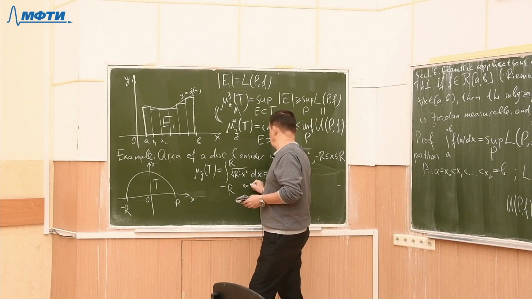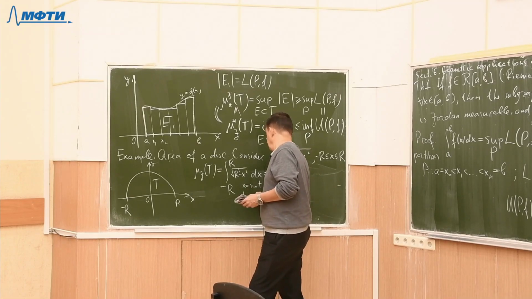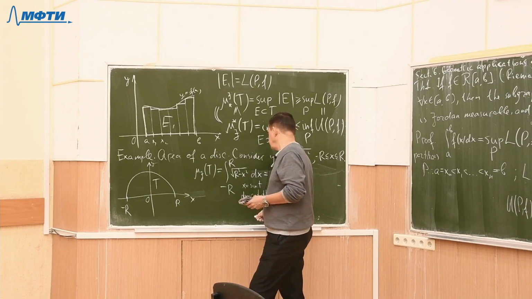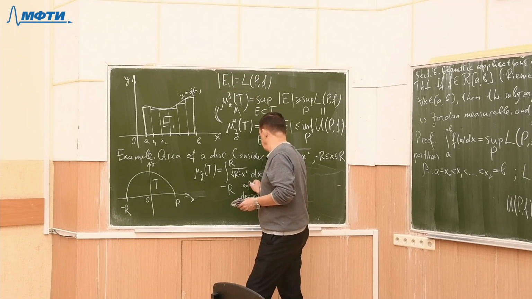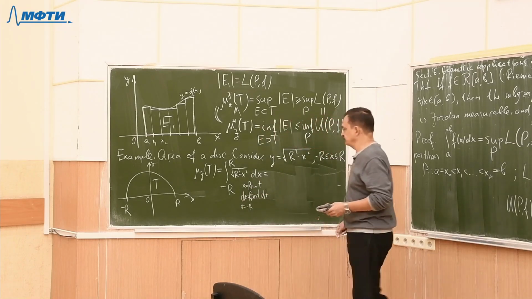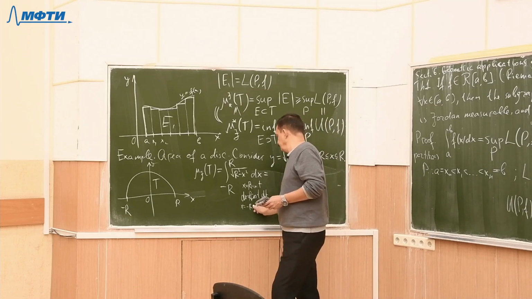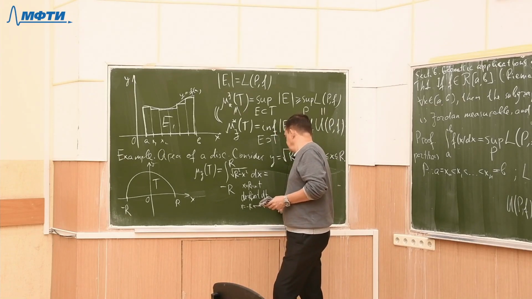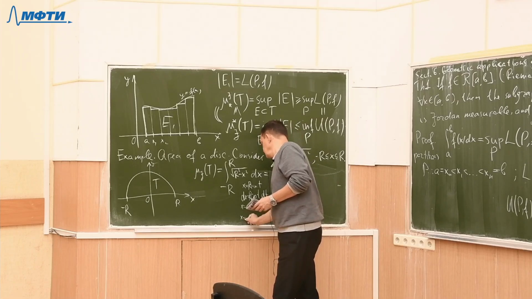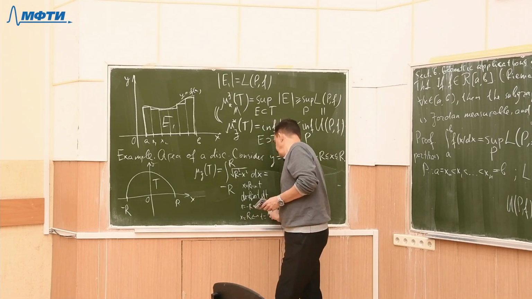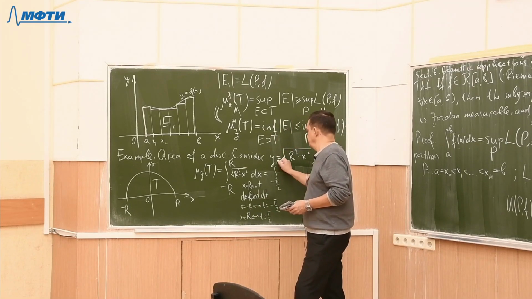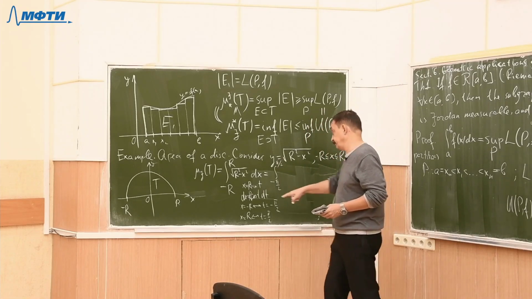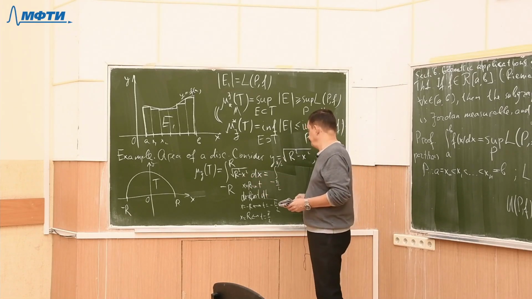So substitute x equals r sine t, then dx is r cosine t dt, and if x equals minus r then t equals minus pi over 2, and x equals r corresponds to t equals pi over 2.